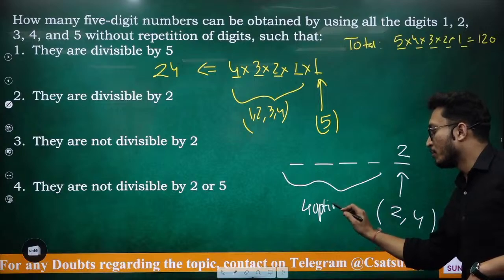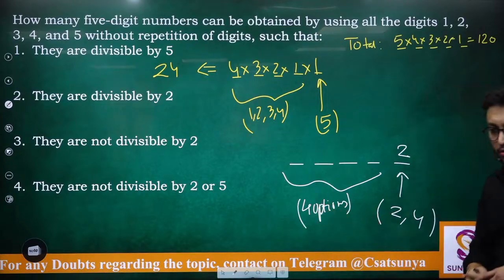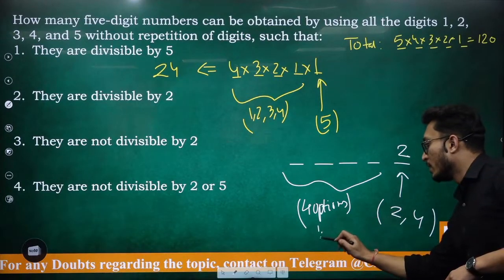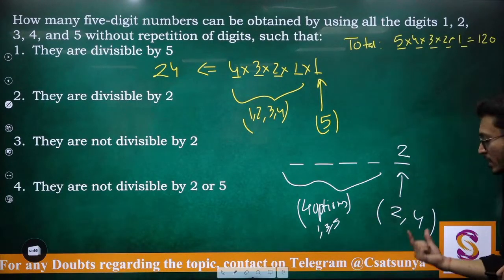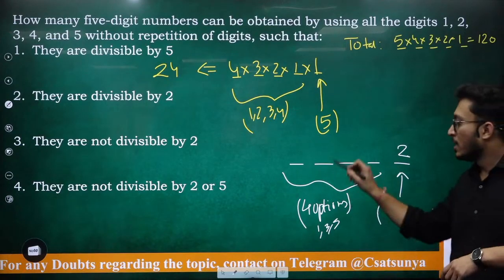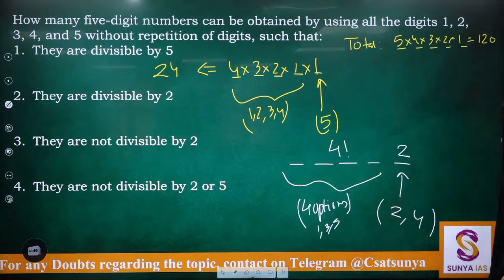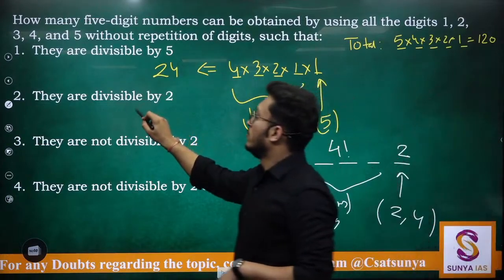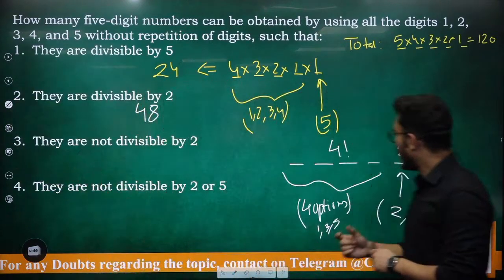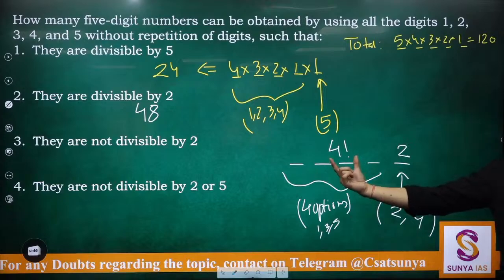I am writing 4 options. One of these 2 and remaining the odd digits 1, 3 and 5. ठीक है, और एक यहाँ से जो भी बच गया. So total 4 options for 4 places. Can I directly write 4 factorial? So 4 factorial into 2. That means 48. ये समझ में आ रहा है ना why I wrote 4 factorial directly?